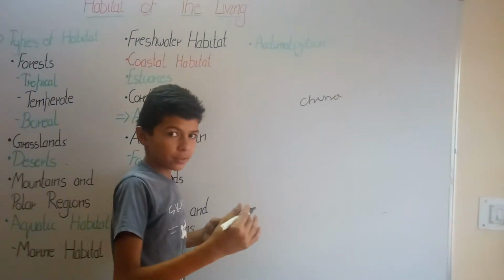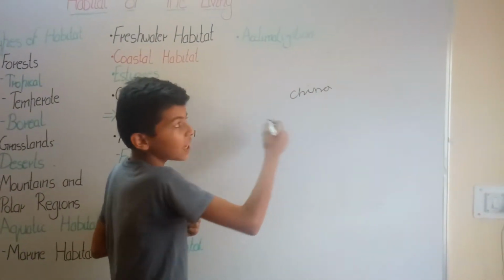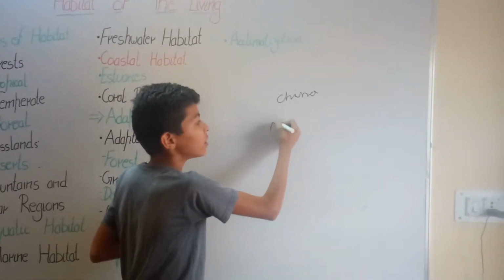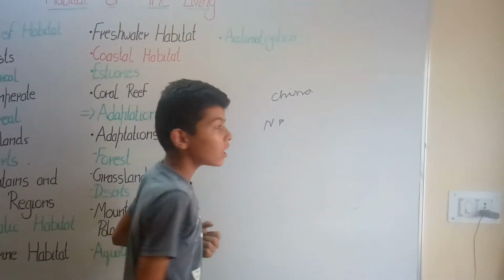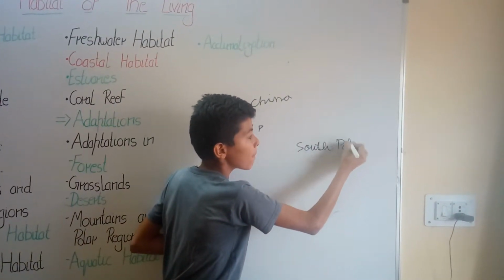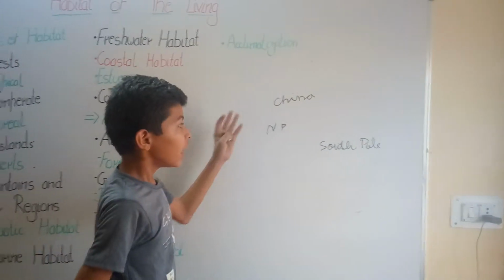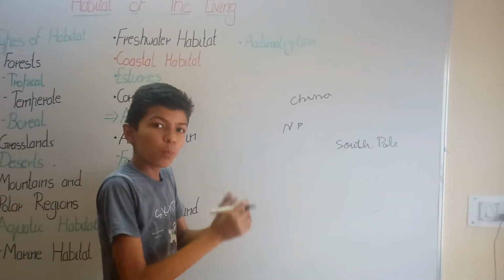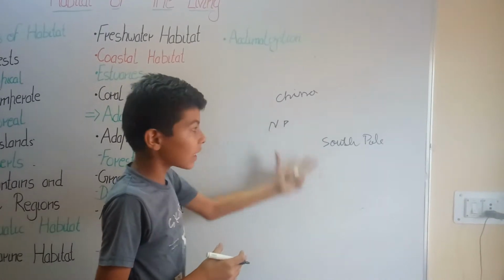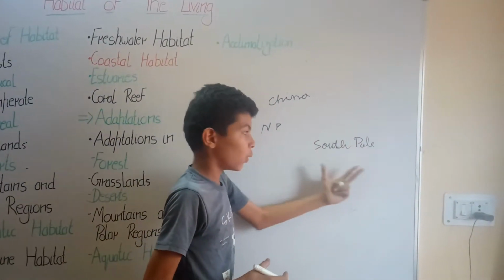Mountains and polar regions are mostly found in the North Pole compared to the South Pole. The Northern Hemisphere has more polar regions than the South Pole.